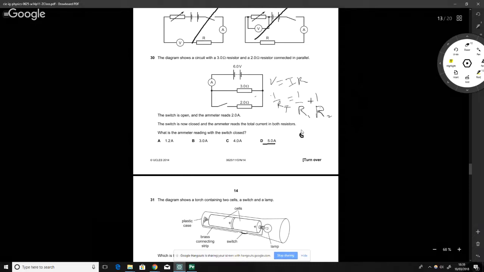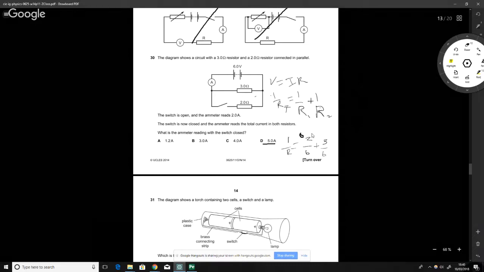6 over, I think it's going to be, hold on a second, let's just quickly do it. 1 over R is going to equal, and I'm going to go straight into finding a common denominator. So it's going to be 2 over 6 and 3 over 6.